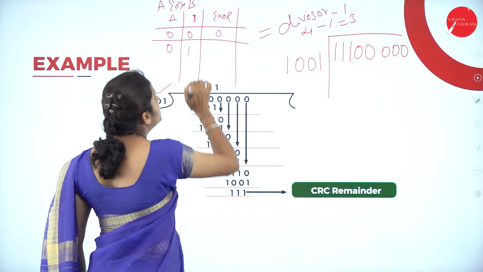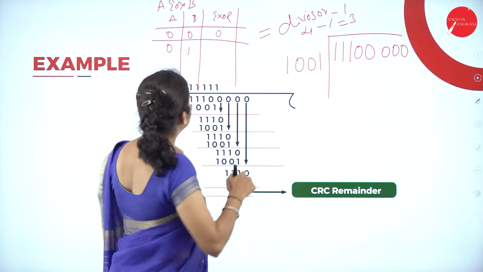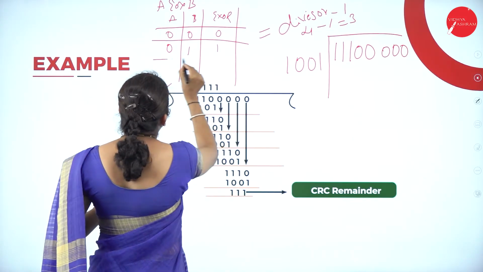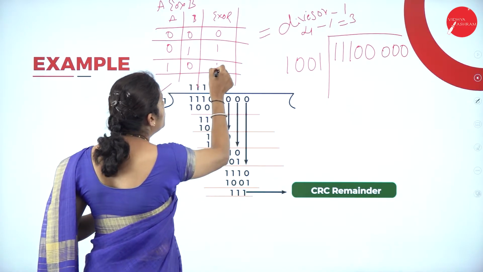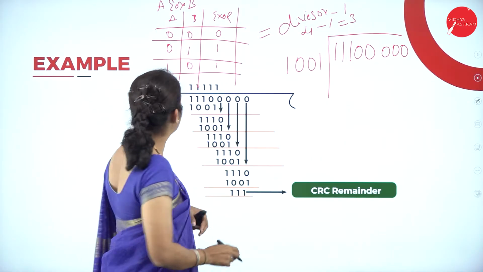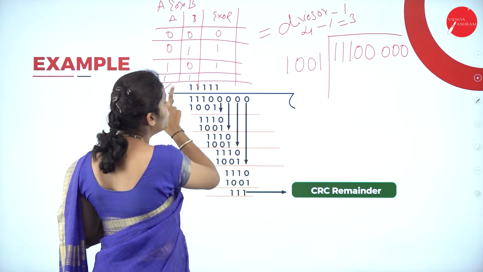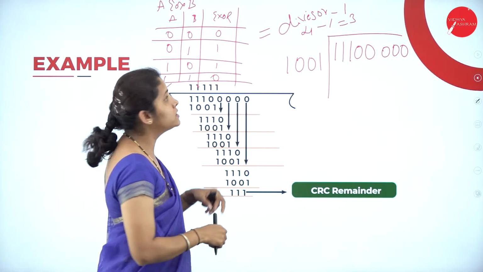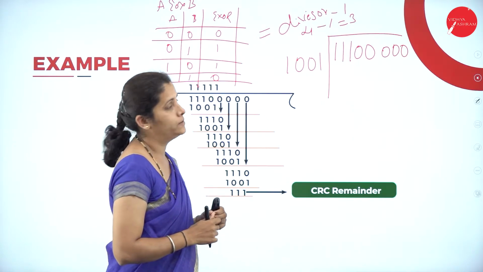For 0, 1: if any one bit varies, then the result is 1. For 1, 0, the result is 1. Suppose the next bits are 1, 1. Both bits are the same, so I write 0.